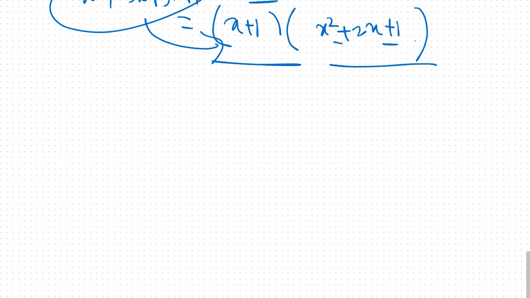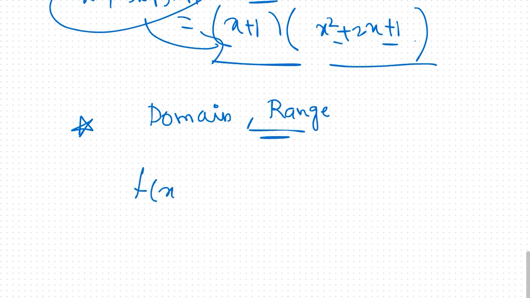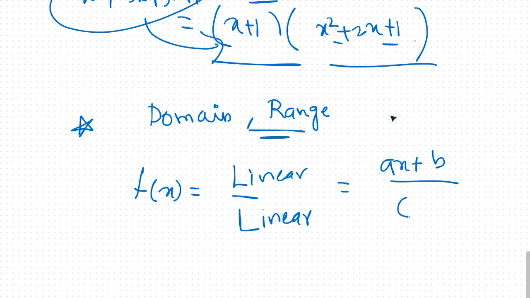Let's talk about domain and range. Let's talk about 2 cases, domain and range, for when a rational function is in the form of linear upon linear, let's say ax plus b upon cx plus d.